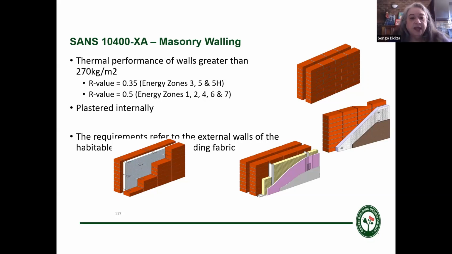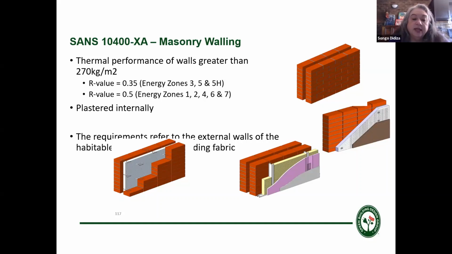There's a reason. Because from version 1 to version 2, if you look at the differences, we didn't change the lightweight construction requirements because we found them to be sufficient, but the masonry walling requirements had to go up a bit for a better performance of wall.